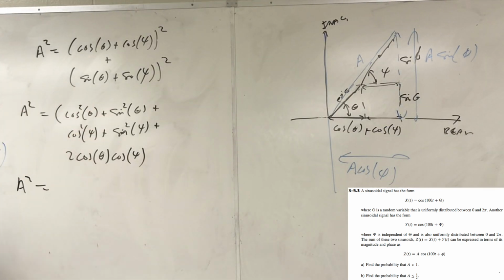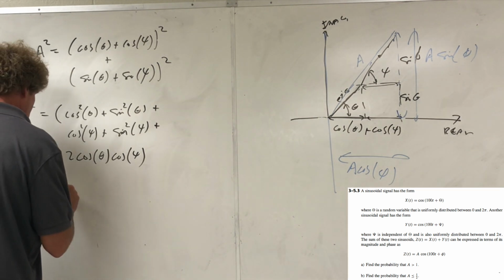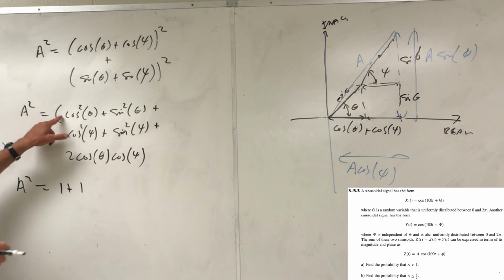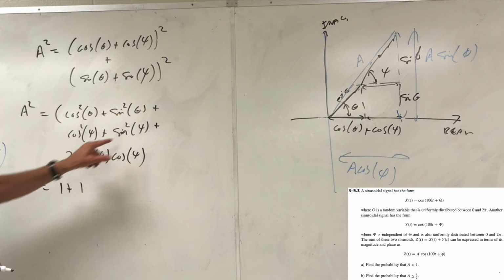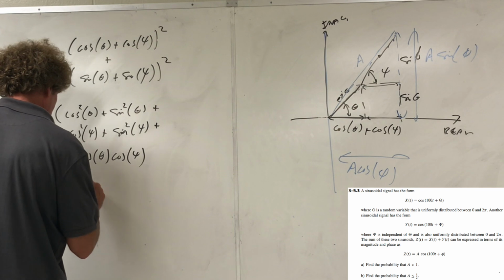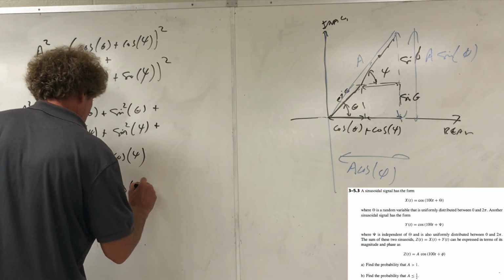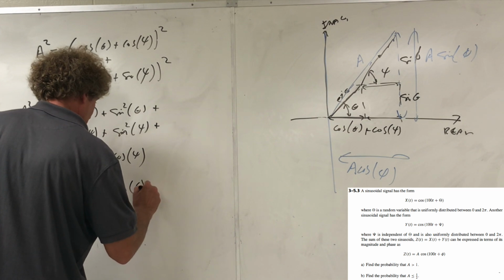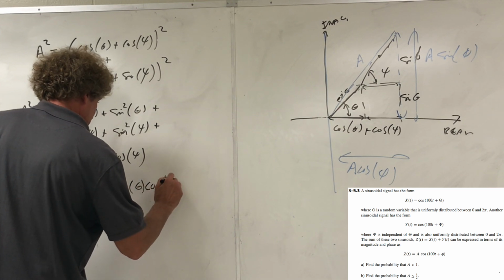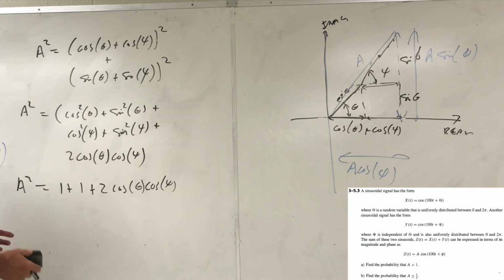Sine squared and cosine squared of the same argument. So I get 1 plus 1: that plus that is 1, that plus that is 1. Then I get plus 2 times cosine theta cosine psi. All right, now I'm going to replace this 1 plus 1 by 2.